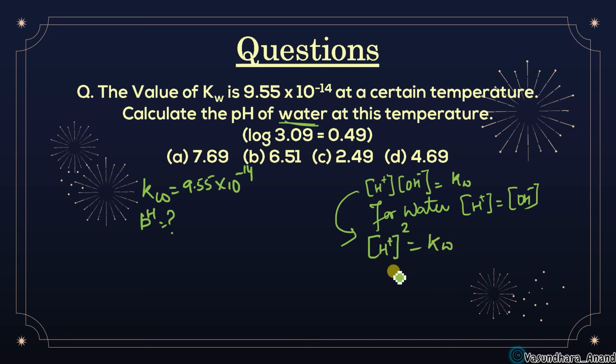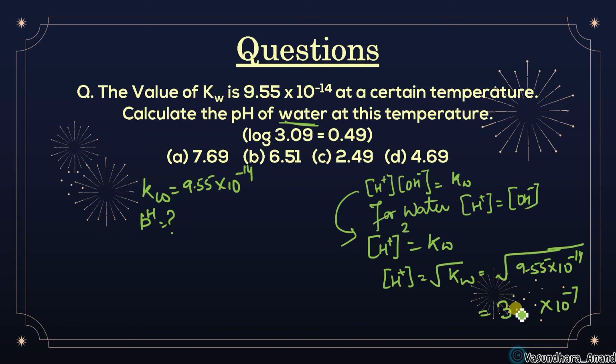So just find the H plus, and that will be root under Kw. So Kw is 9.55 into 10 to the power minus 14. The square root of 10 to the minus 14 is simply 10 to the power minus 7, and if you take the square root of 9.55, you will get 3.09. So you got the H plus over here.